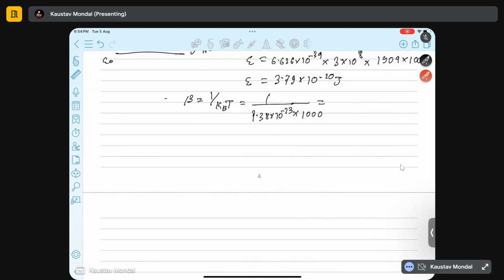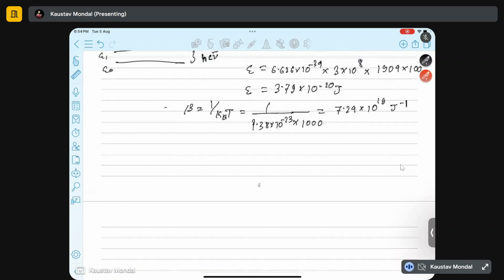So this gives you 1.38 into 10 to the power minus 20. So this gives you 7.24 into 10 to the power 19 joule inverse. Okay. So these are the values of epsilon and beta.